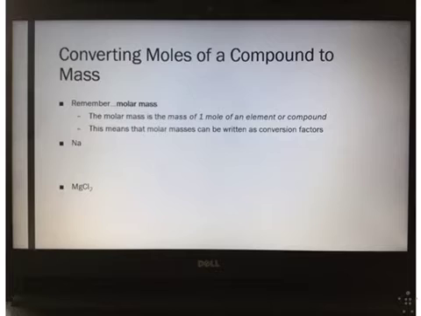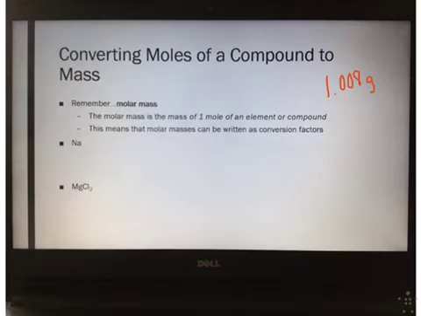For instance, if I'm talking about 1 mole of hydrogen, and I asked you to give me the molar mass of hydrogen, hopefully you understand that it would be 1.008 grams, because mass is in grams.